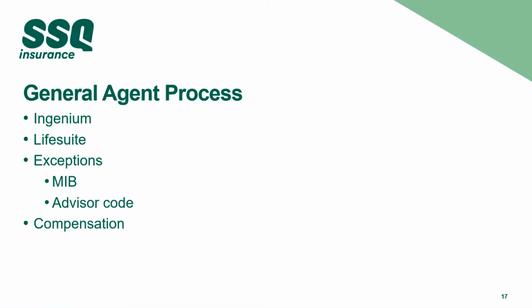So at this time, you'll be able to follow the cases in LifeSuite, and the process continues as it would in the traditional product process. If the case is blocked because the advisor code isn't conform, you can communicate with the contracting team, and the policy can be issued once the advisor code is solved. And then, of course, your compensation.